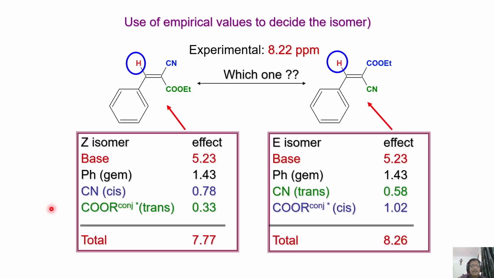Now what they did is they started making the calculations by taking this base value of 5.23, and added all the substituent effects. If COOEt or the CN group is cis to this, you will get this chemical shift approximately predicted, whereas in this case it is 8.26, and this is very close to the experiment. So this is one of the few applications of the Shoolery rule which used to be there in the olden days.